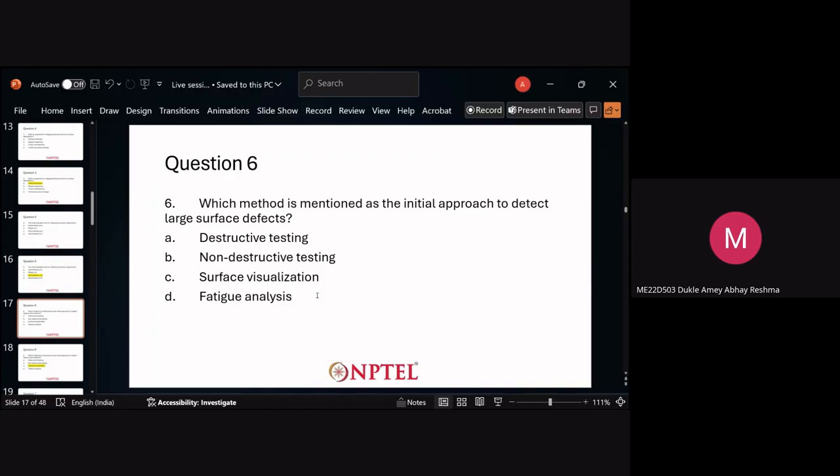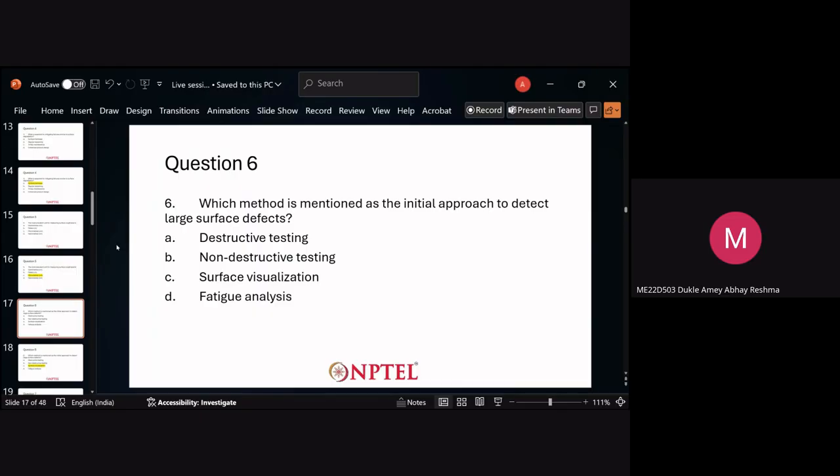Surface visualization is basically you're using a probe, an ultrasonic probe, or a surface profilometer to actually visualize the surface. And fatigue analysis, basically you run through a fatigue load and you calculate your fatigue.